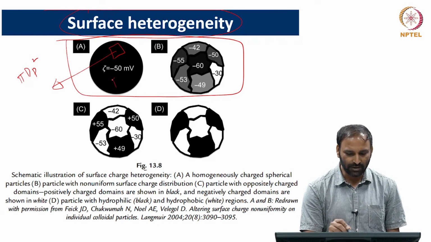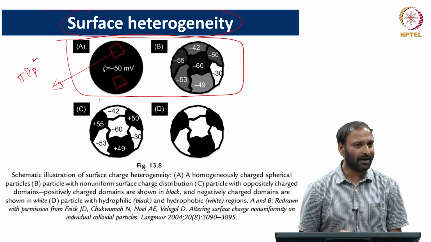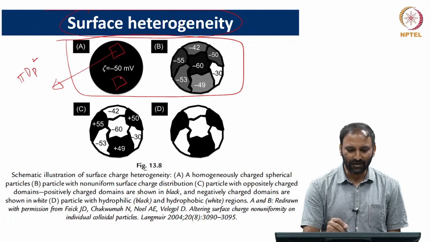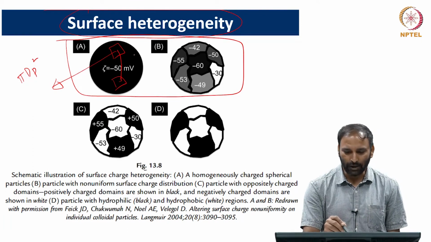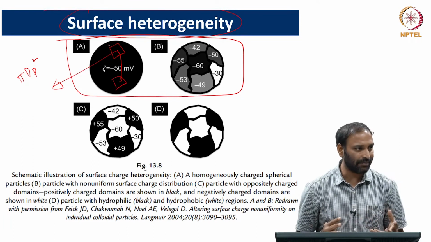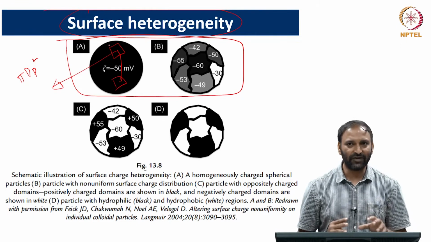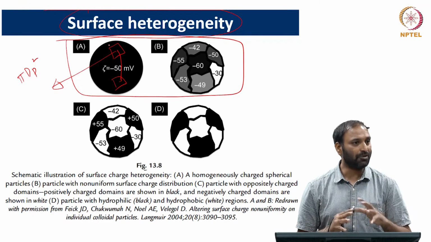I go to a different location, consider the same area again, and ask what is the number of carboxyl groups. If that number here and here or anywhere across the sample is exactly the same, that will give you a surface which is chemically homogeneous.